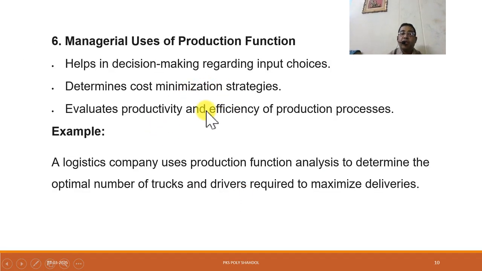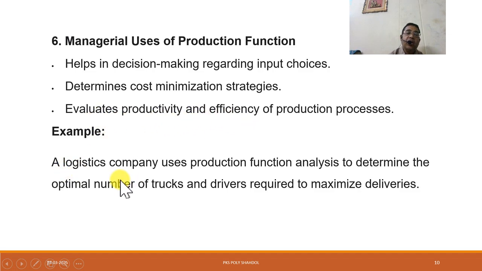Marginal uses of production function. What are the marginal uses of production function? It helps in decision making regarding input choice, determines cost minimization strategies, and evaluates the productivity and efficiency of the production process.